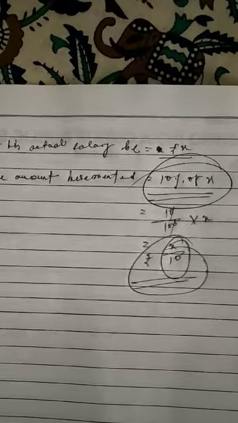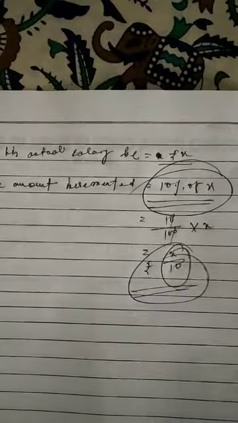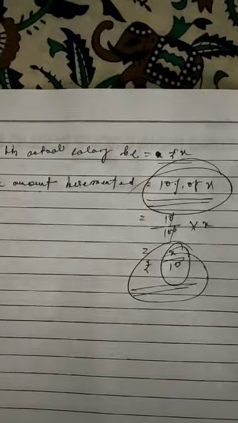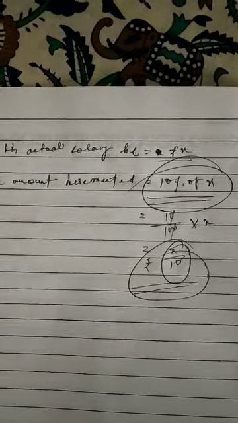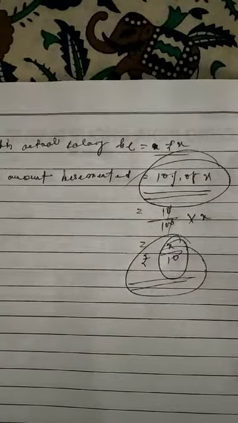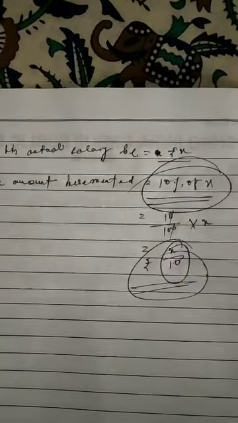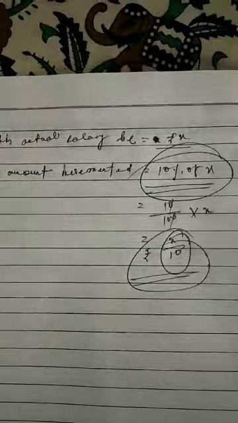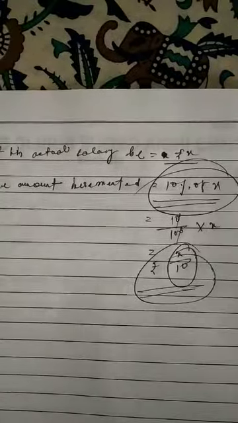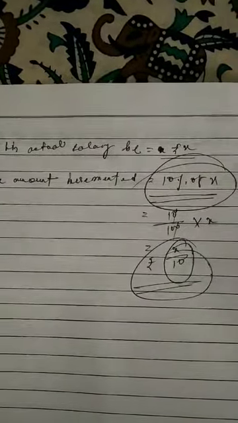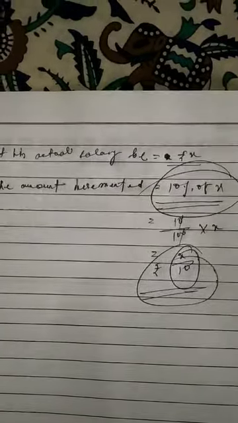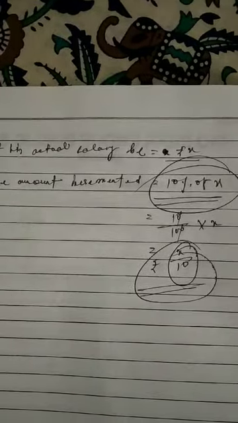Now here is something that we have to understand very minutely. If his actual salary was X rupees and the incremented amount was X by 10 rupees, if I add X and X by 10, that is only his new salary, because his new salary comes with the incremented amount.